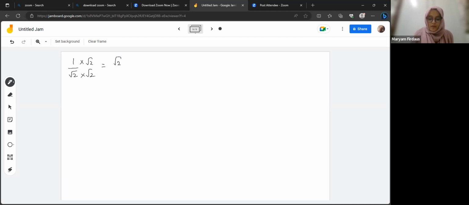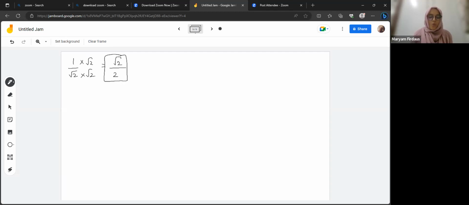The numerator will become root 2, right? 1 multiplied by root 2 is root 2. And what will the denominator become? Two. Yes, it will become 2, because root 2 multiplied by root 2. Now, does this make sense?